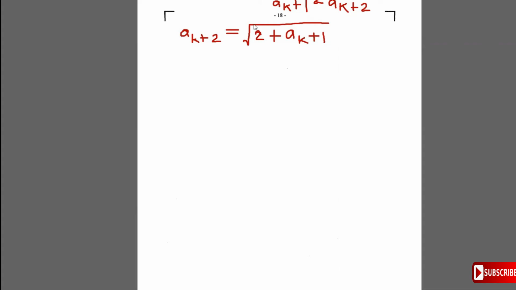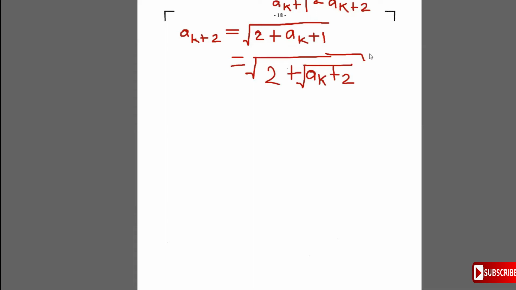But what is this? Remember, ak plus 1 is the square root of 2 plus ak, so ak plus 1 now is the square root of 2 plus ak plus 2... This is now ak plus 2.